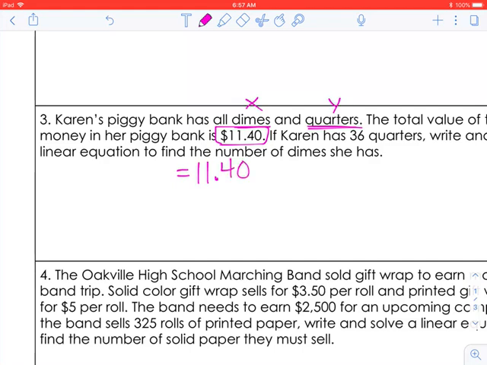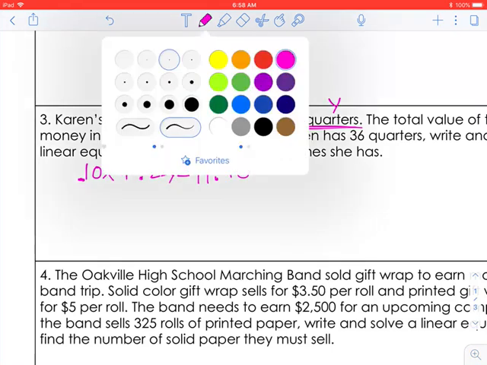The biggest mistake people make is just writing X plus Y. That's not the case. If this is a money situation where the total is money, then I need these two to be money as well. So you've got to think, dimes cost how much? 10 cents. But I can't write 10x because this is a decimal. 10 cents is 0.10x plus 0.25y, 10 cents and 25 cents each.